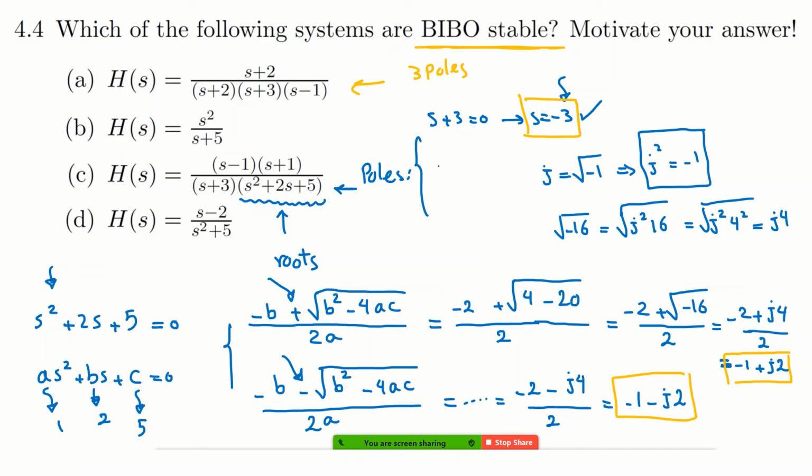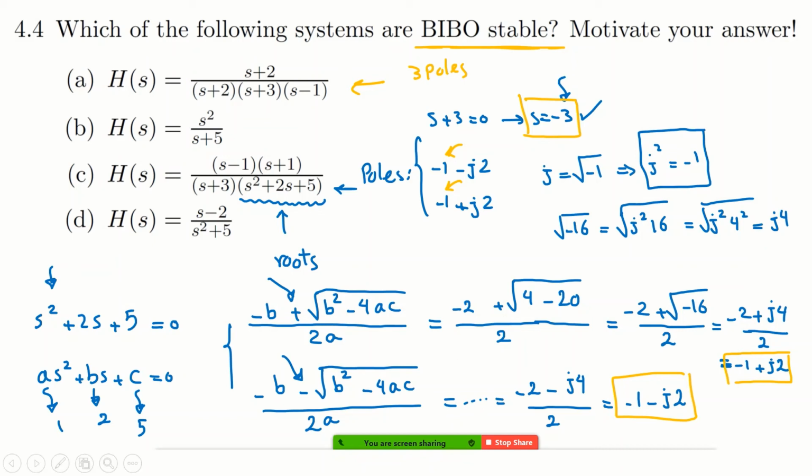The poles are minus 1 minus j times 2 and minus 1 plus j times 2. This is all the poles for this transfer function. The real part here and the real part there are negative. Okay, so we've done that for question 4.4.